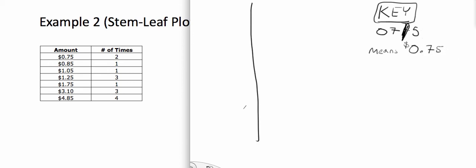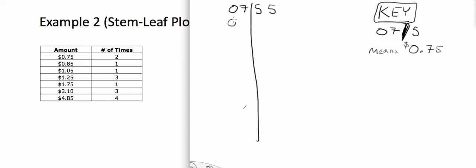Okay, see how I did that? I've got 0, 7, vertical line 5 means 75 cents. So we're going to put that into our stem leaf plot. I've got 0, 7, and then I've got 5 right there. That's 75 cents, but how many times does it show up? It shows up twice. So I write the 5 2 times.